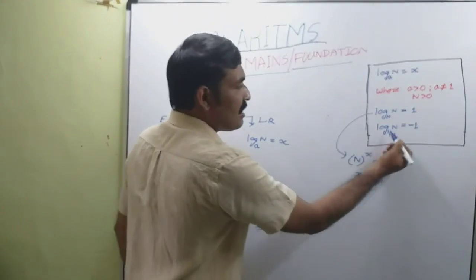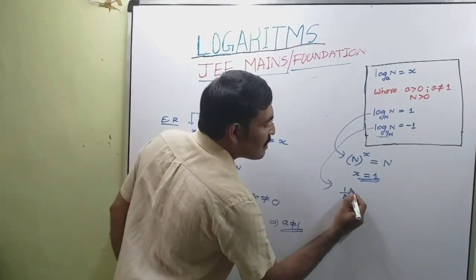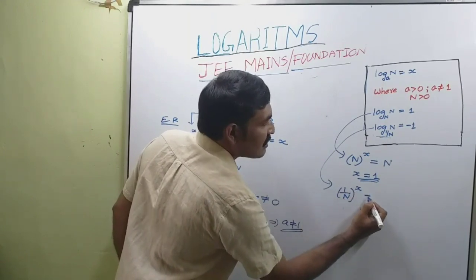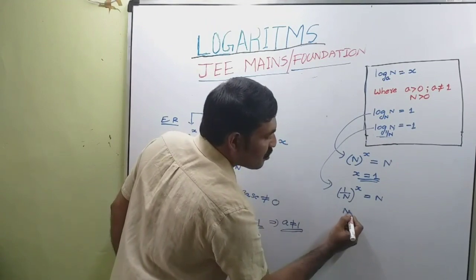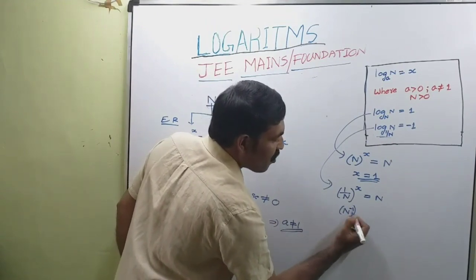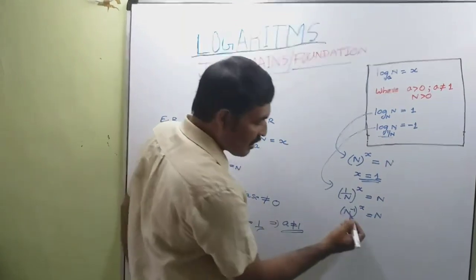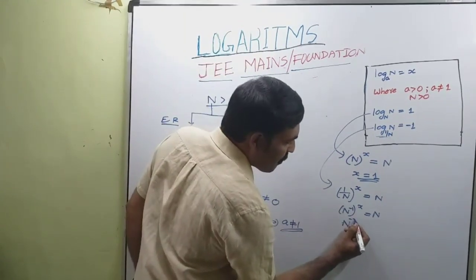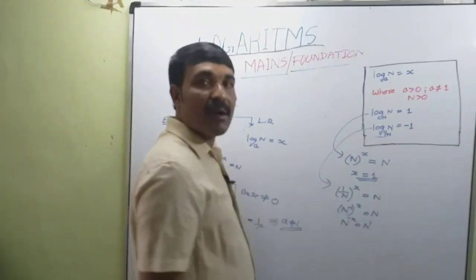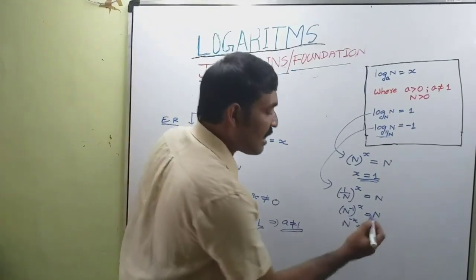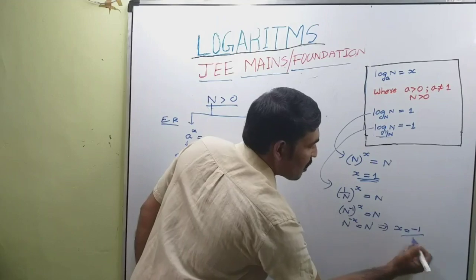We can represent this in exponential form as 1 by n raised to x is equal to n, or n raised to minus 1, whole raised to x, is equal to n, or we can write this as n raised to minus x is equal to n raised to 1. Now comparing the powers on the RHS and LHS, this implies x is equal to minus 1.